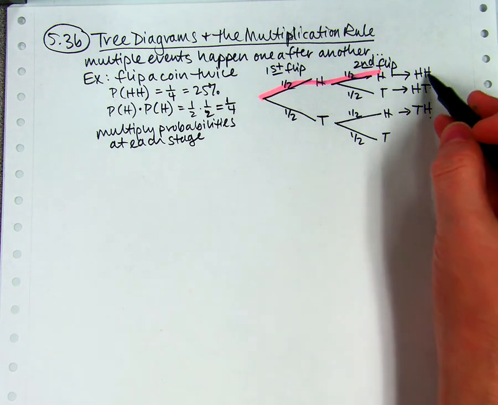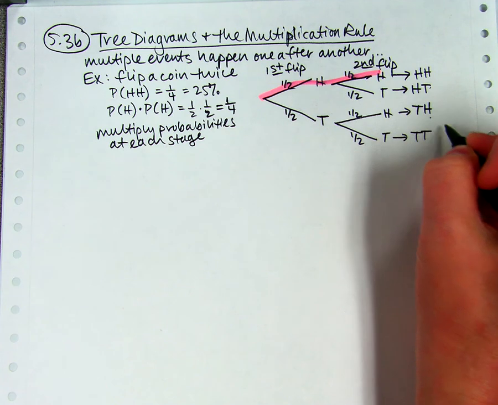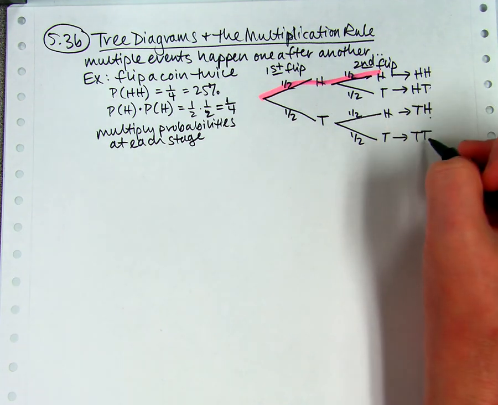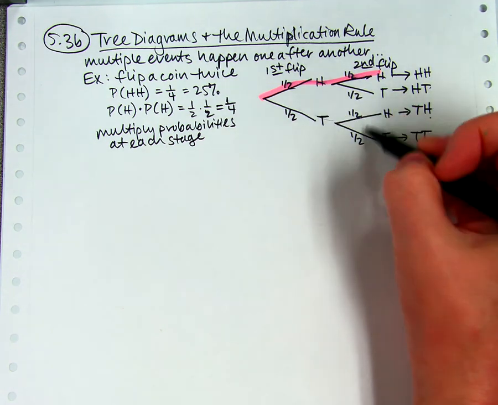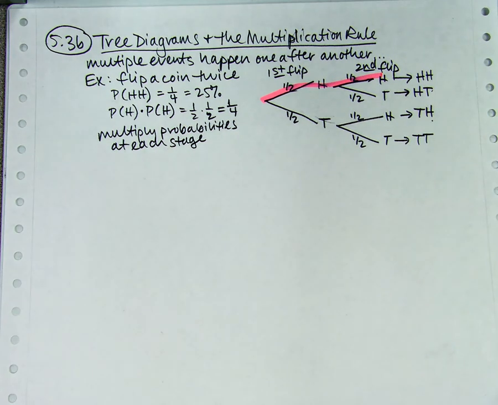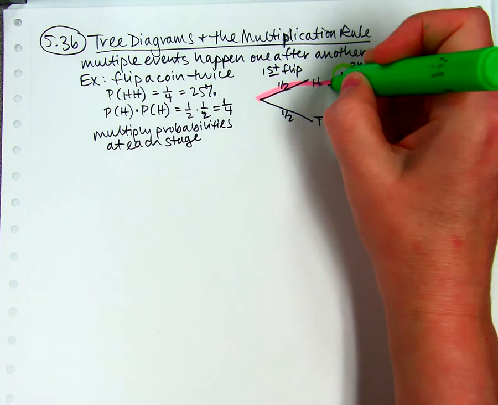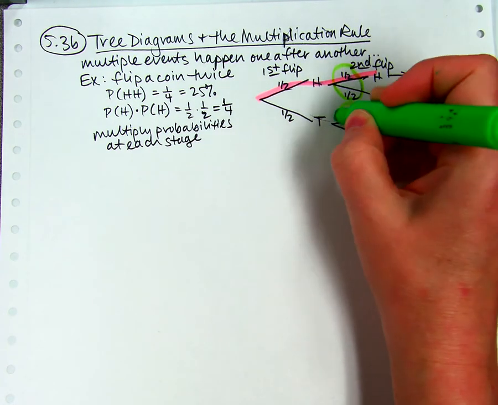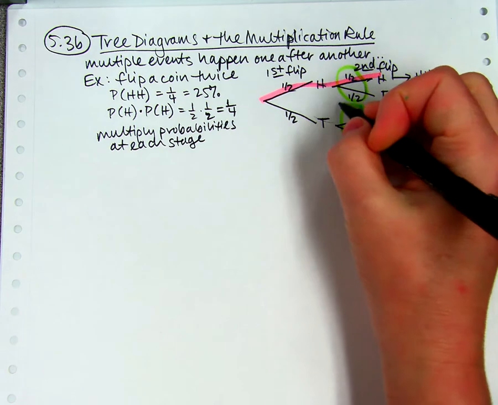If I add all 4 branches together, this one, by the way, is tails, tails, I should get 100%. And this one's too simple, so I'm not going to do all the work on this one, but I could do each one separately and get 1/4, 1/4, 1/4, 1/4, and they would add up to 1. The fact that, here I'm going to use a new highlighter, the fact that these match these is how you can tell they are independent events.